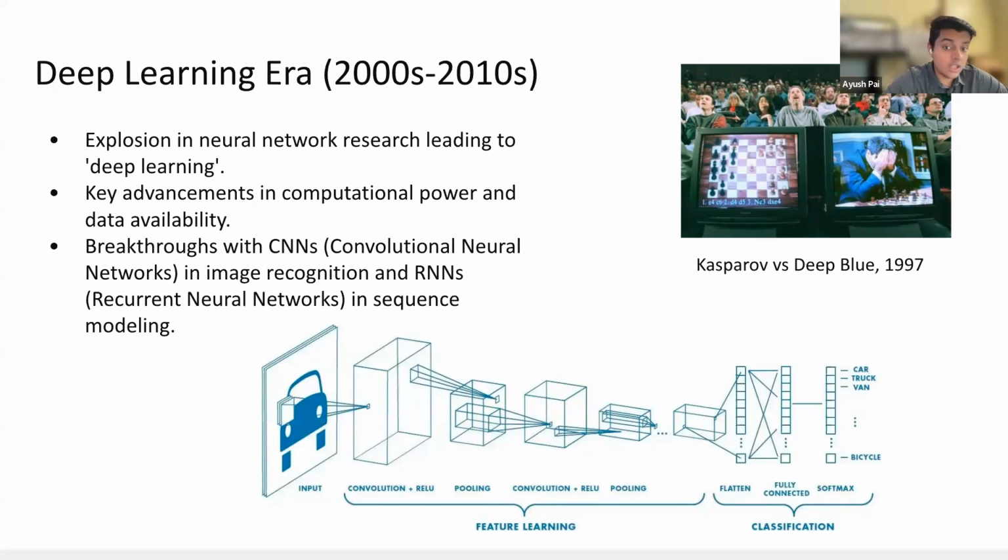But this era really was epitomized by events like IBM's Deep Blue victory over Grandmaster Kasparov in 1997, which really highlighted the potential of machine intelligence. And this was a really key moment in AI where the best chess player in the world actually lost to an AI machine. So in the 2010s, we had the CNN and RNN, which are the prime innovations there.